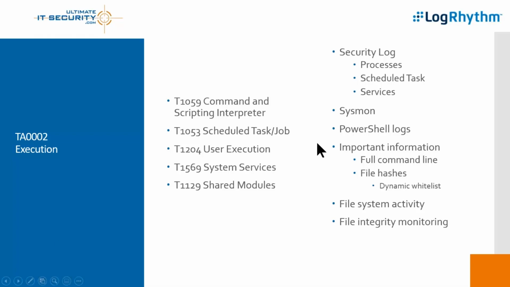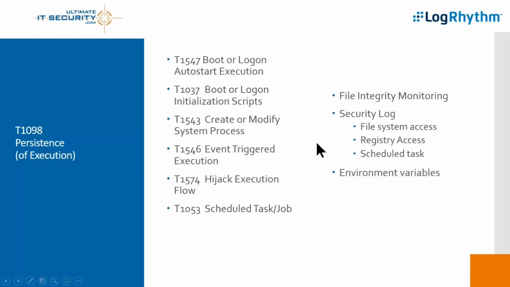All right, so let's move beyond execution. Let's talk about persistence. Now, in MITRE ATT&CK, there are two types of persistence. There's gaining persistent access, maybe through a backdoor account, so we can still log on to the system even if the legitimate user account whose password we've guessed gets reset.